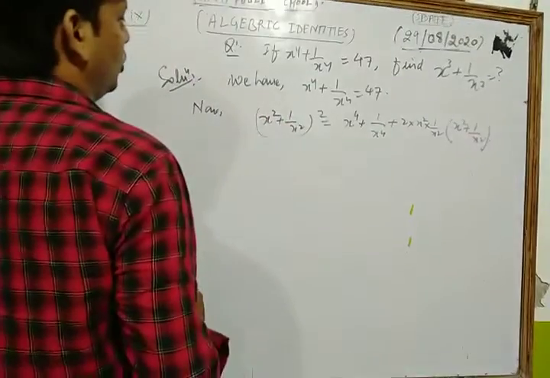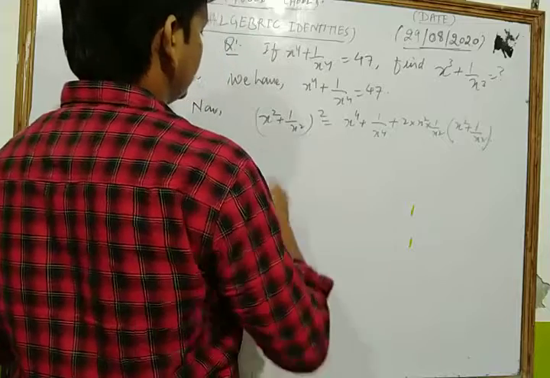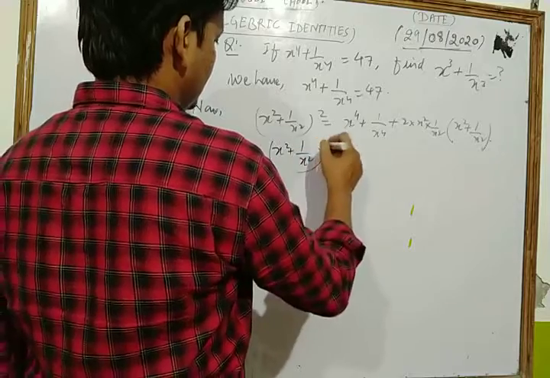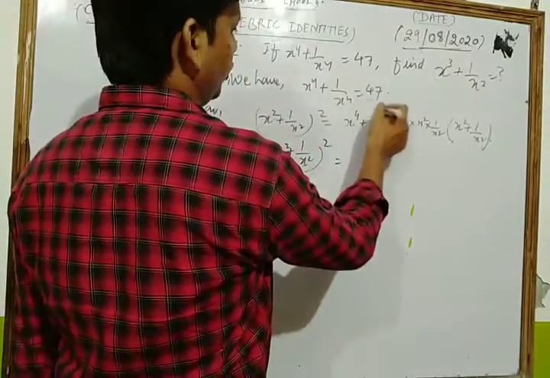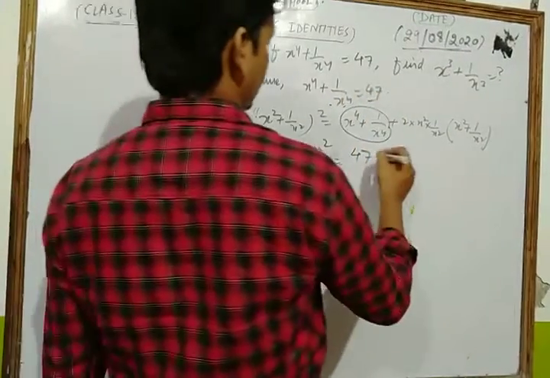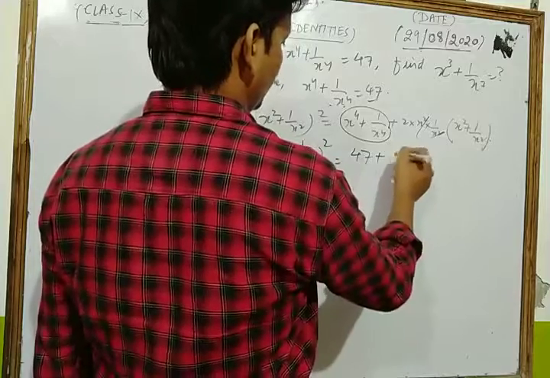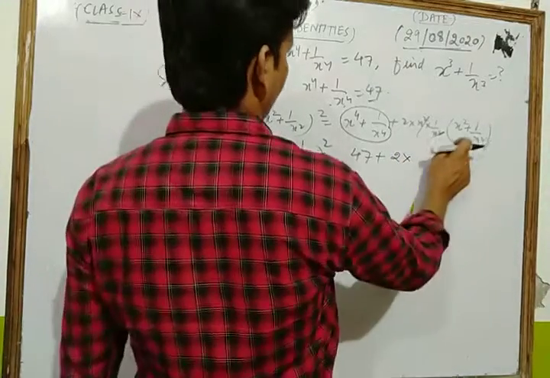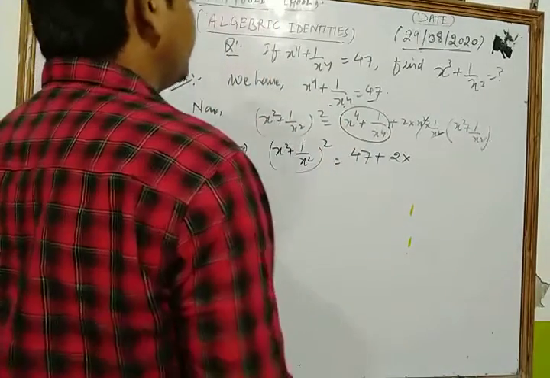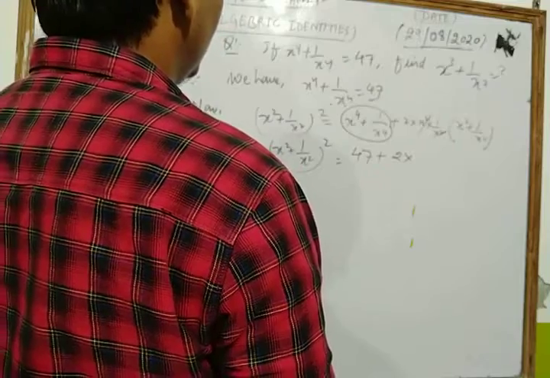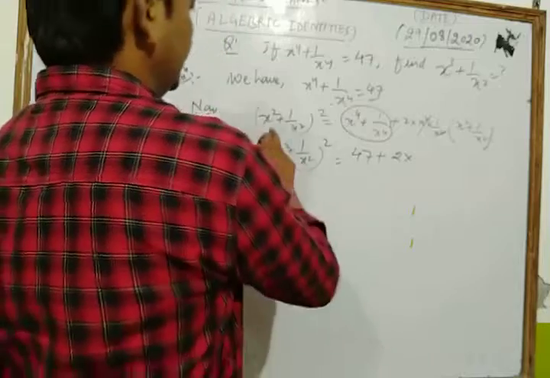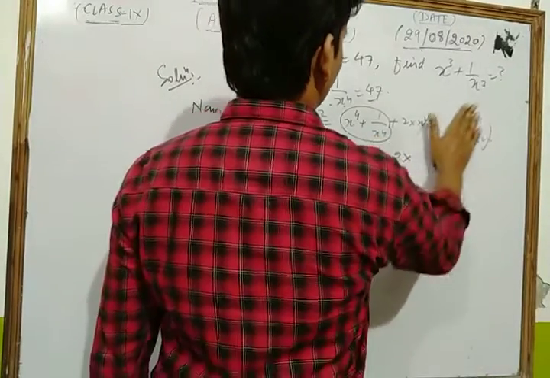Now look what we have, dear friends. x square plus 1 upon x square, whole square, is equal to, putting the value of x to the power 4 plus 1 upon x to the power 4, which is 47, plus 2, since the x squares cancel each other.